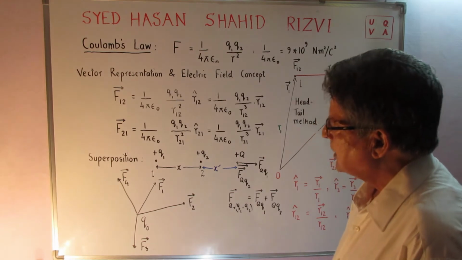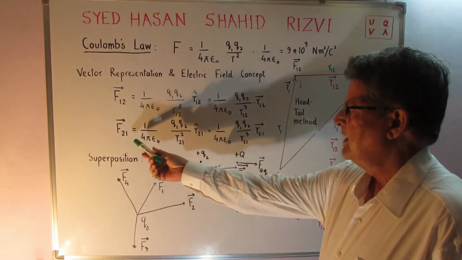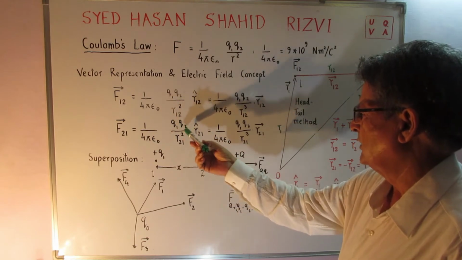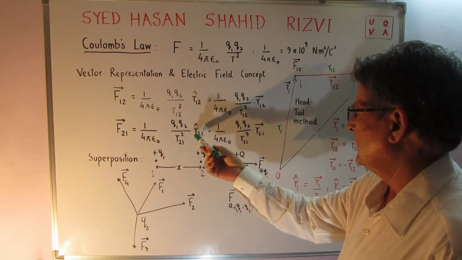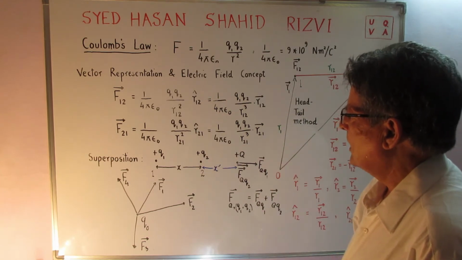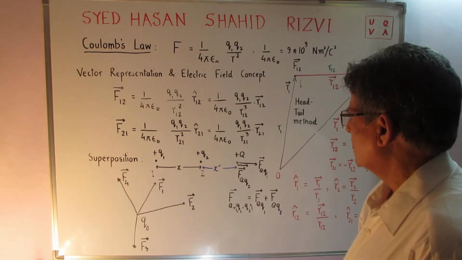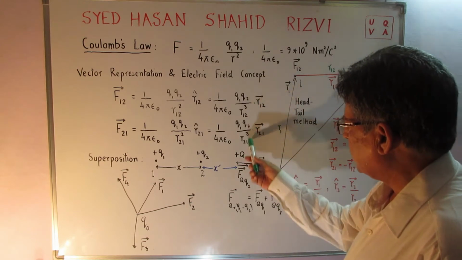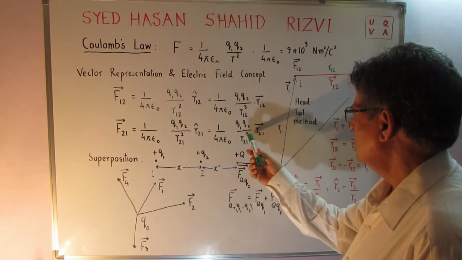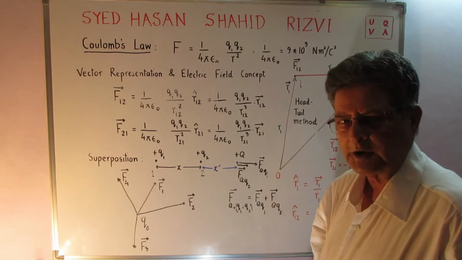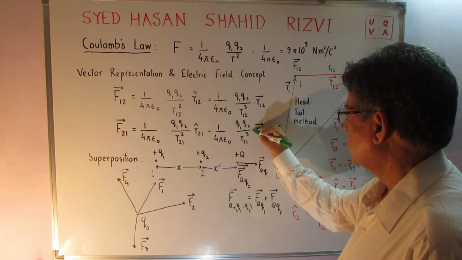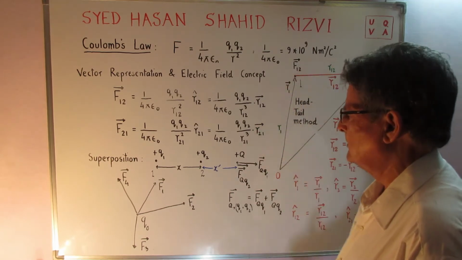Okay, friends. So similarly, I can write vector F21 is equal to 1 upon 4 pi epsilon naught Q1 Q2 upon R21 square, unit vector R21 cap. Or like this, 1 upon 4 pi epsilon naught Q1 Q2 upon R21, whole cube, multiplied by vector R21.